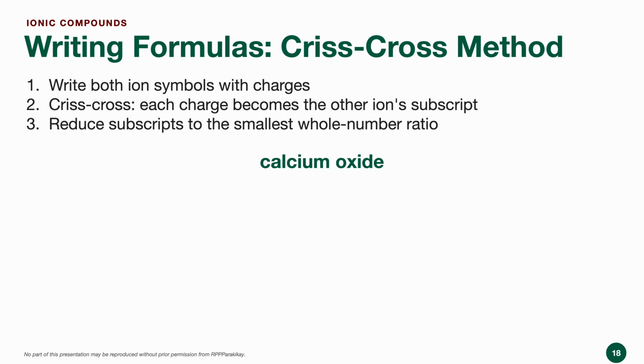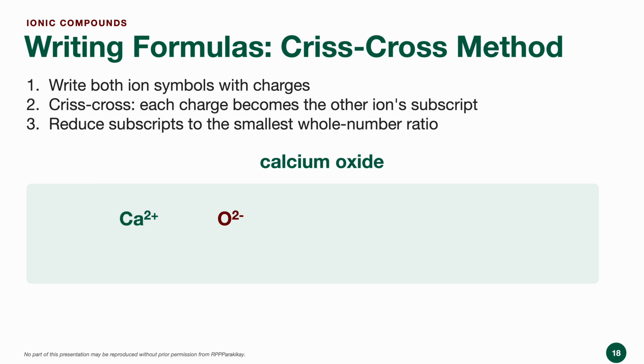Now, for writing formulas from names, the easiest way to do this is the crisscross method. So here, we write both ions with their charges and then crisscross. The numeric value of each ion's charge becomes the subscript of the other ion. So for example, let's consider calcium oxide. Calcium is +2, oxide is -2.